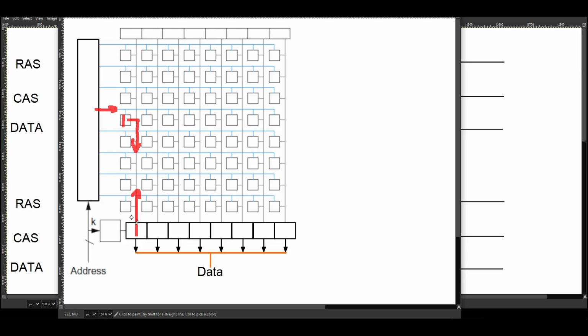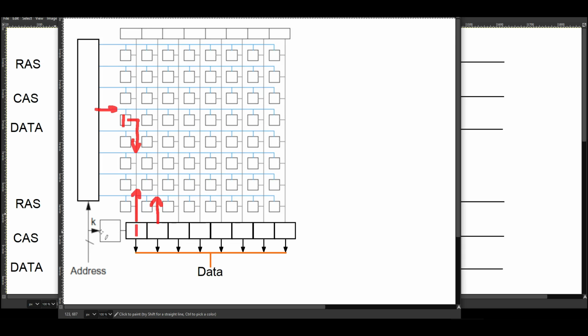So the restore operation consists basically of the sense amplifiers pushing the charge back up the bit lines and restoring the values that were originally in each of the cells on that row.